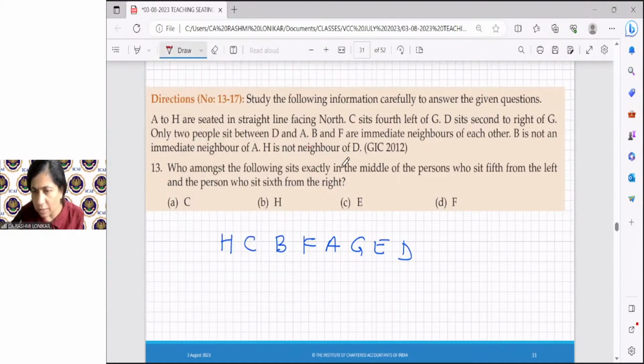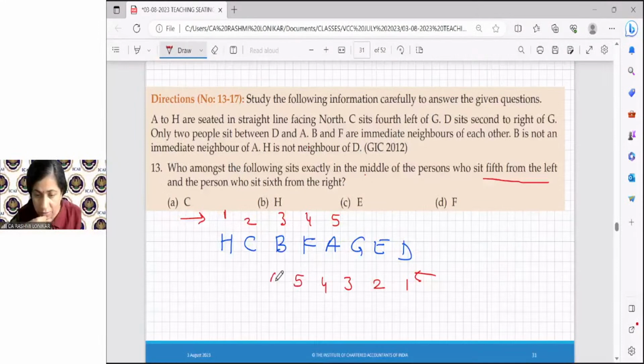Who amongst the following sits exactly in the middle of the person who sits fifth from the left and the person who sits sixth from the right? Fifth from the left, 1, 2, 3, 4, 5. This is fifth from the left. From right to left, 1, 2, 3, 4, 5, 6.